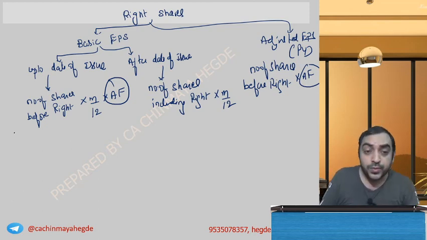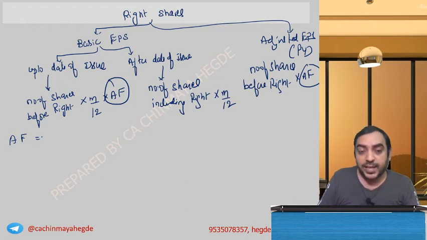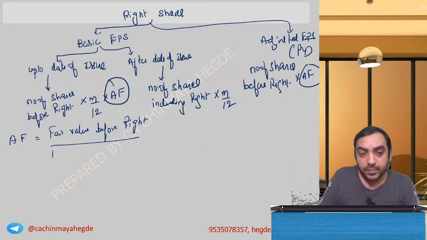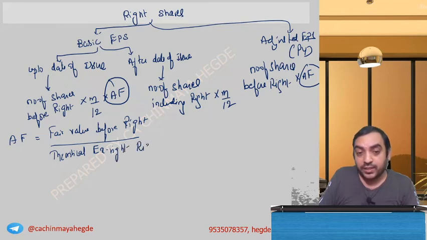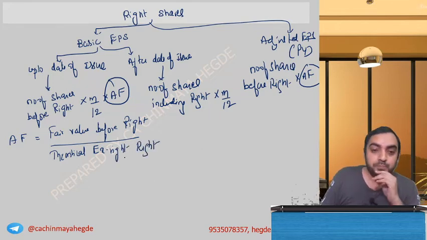Let me give an example. What is adjusting factor? Adjusting factor is calculated by fair value of share before right divided by theoretical ex-right price, basically fair value after right. Theoretical ex-right means excluding right, theoretical ex-right price per share.